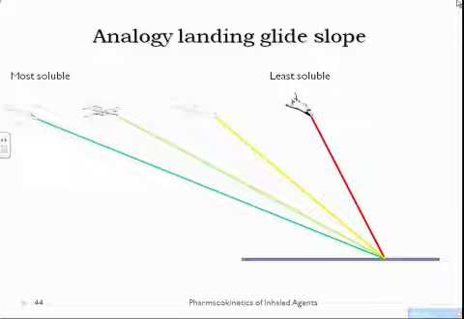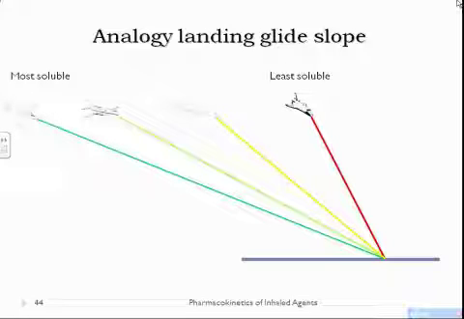That means as soon as that airplane stops having the engine turned on, it drops like a stone. The perfect example for the least soluble agent would be a shuttle. That thing literally falls out of the sky. On the other hand, if you have a glider, okay, which is a very soluble agent, it's going to take forever for this thing to fall down. So your glide path is very nice and easy.